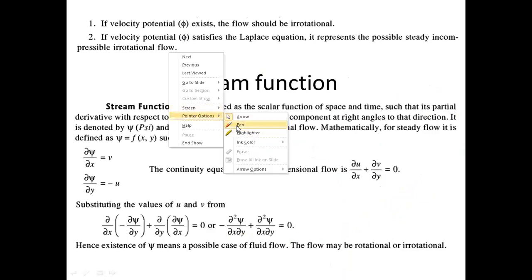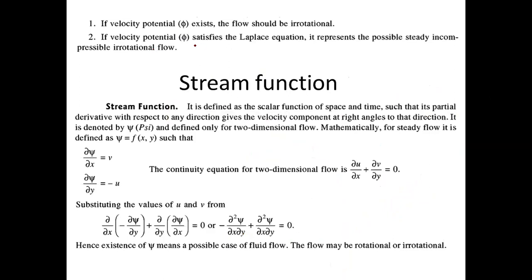This is the first point: if phi satisfies the Laplace equation, it's a case of flow, and that flow must be irrotational flow. If phi exists and satisfies the Laplace equation, it's a case of flow, and that flow will be irrotational flow. That is a very important point in terms of objective questions.